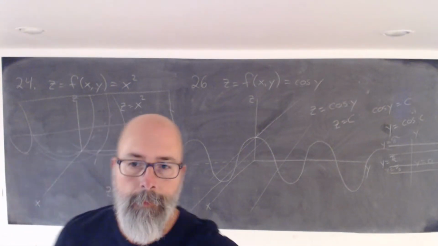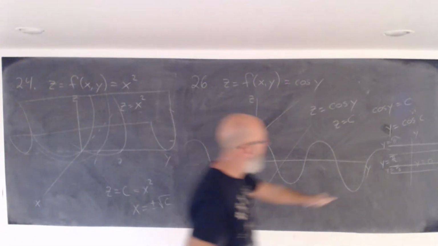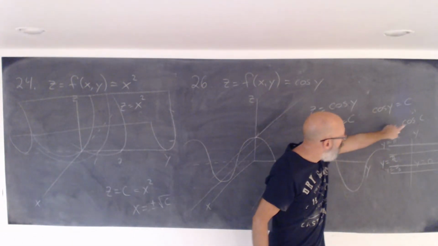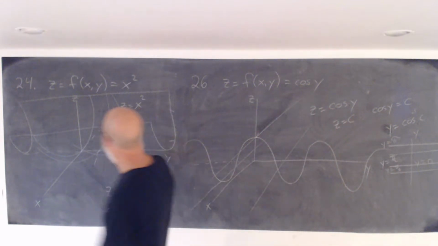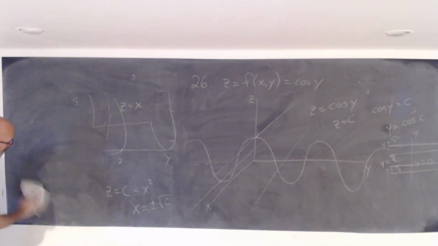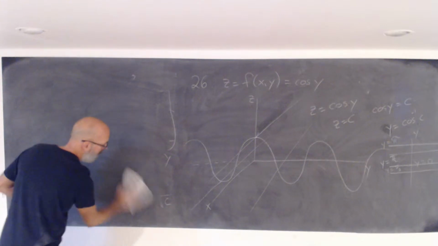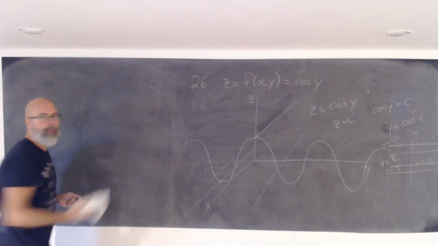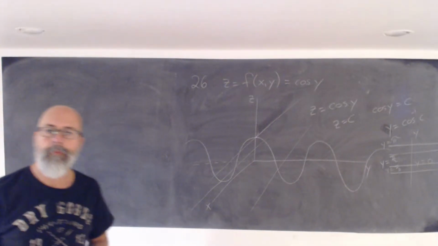Questions here? And those are level curves. Yes. Right here, y equals inverse cos of c. These are the level curves. Absolutely. Horizontal lines, correct.